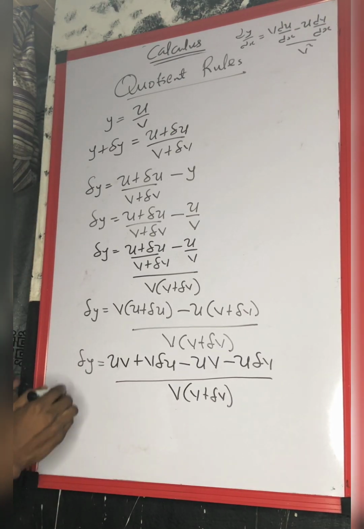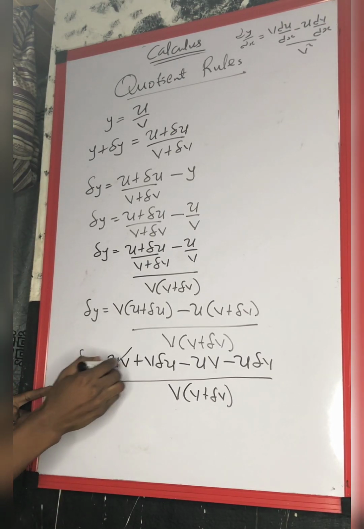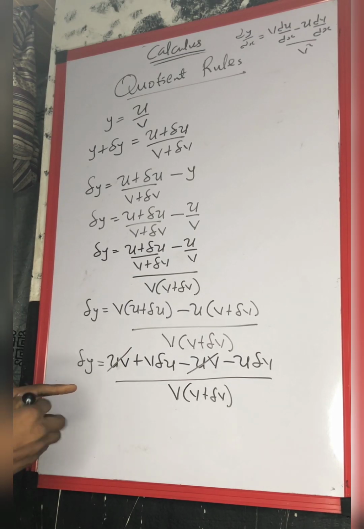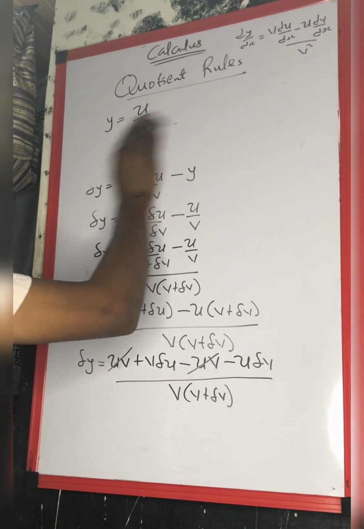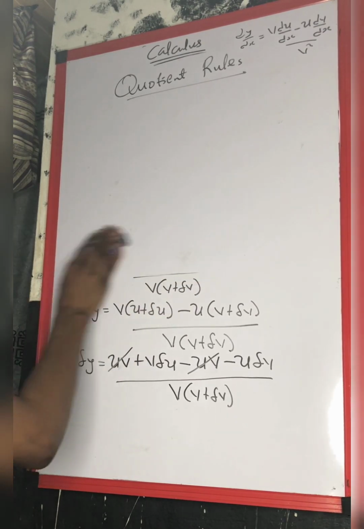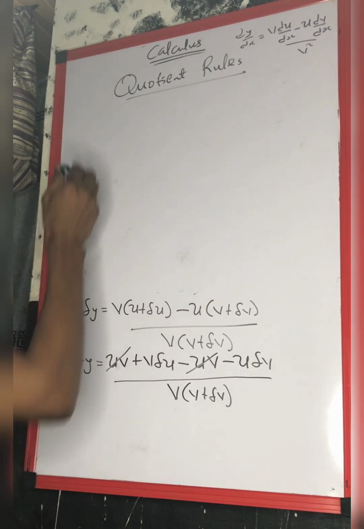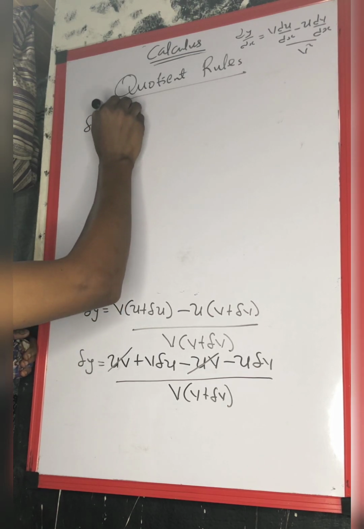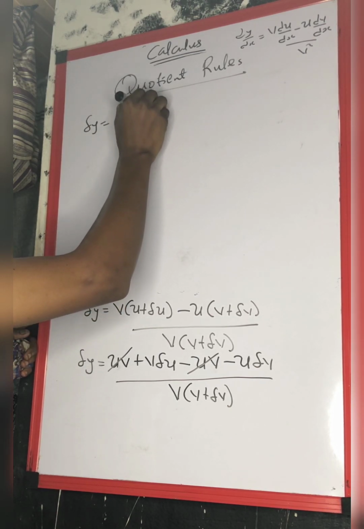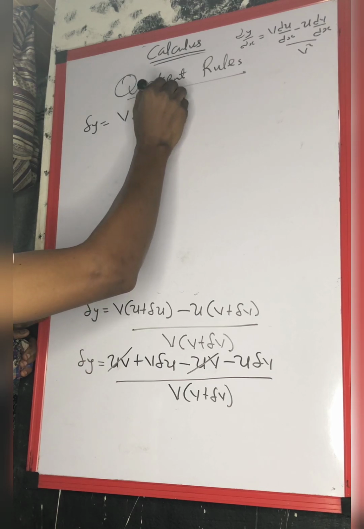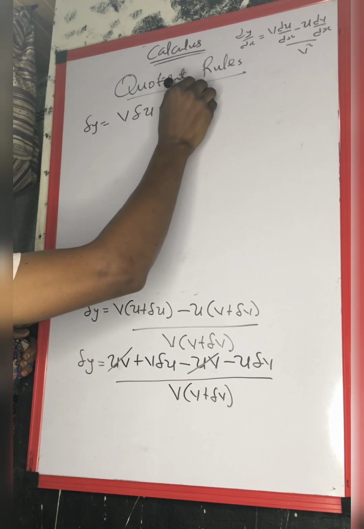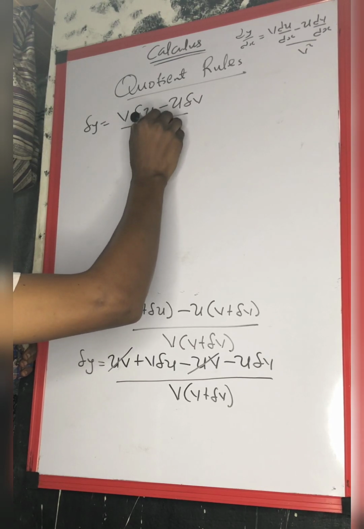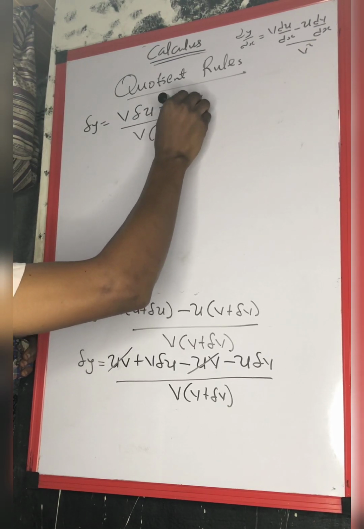So uv cancels out minus uv, and we are left with change in y equals v change in u minus u change in v, all over v bracket v plus change in v.